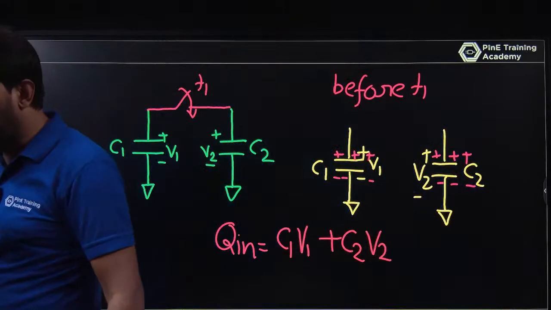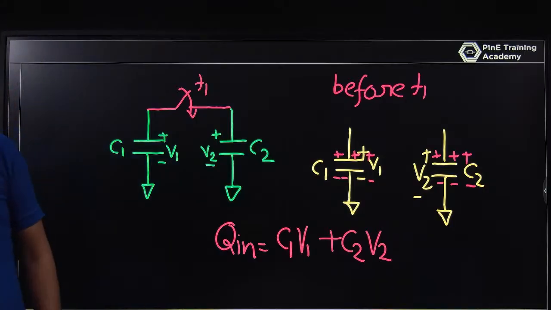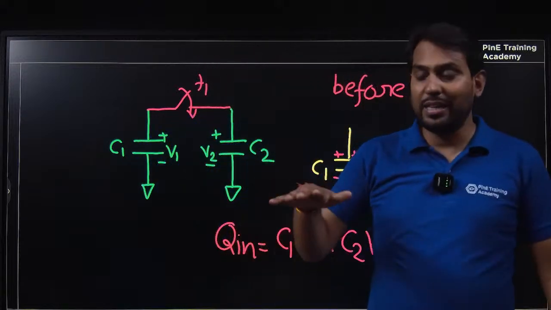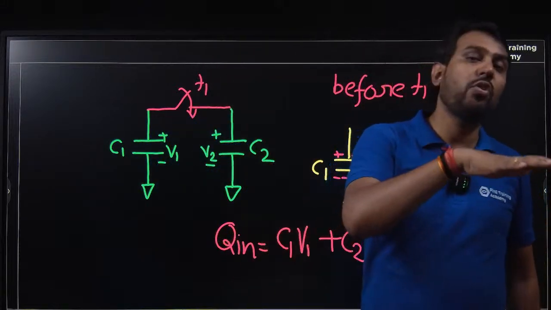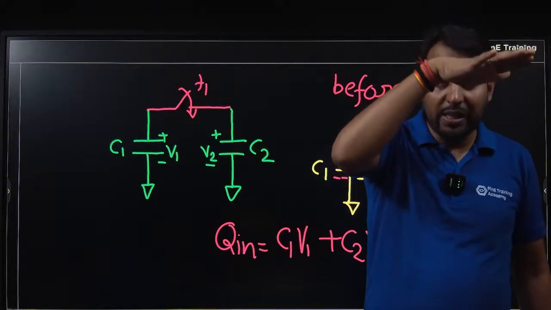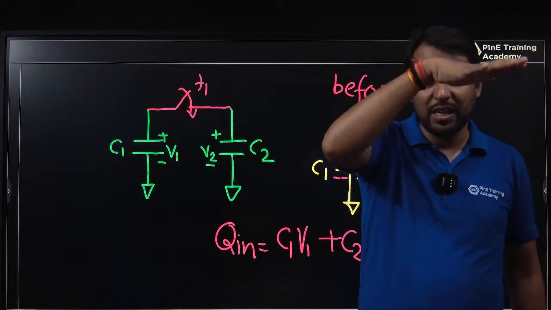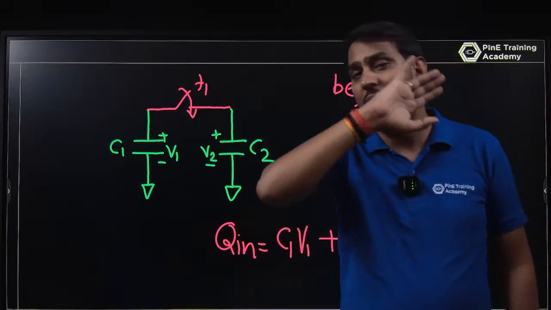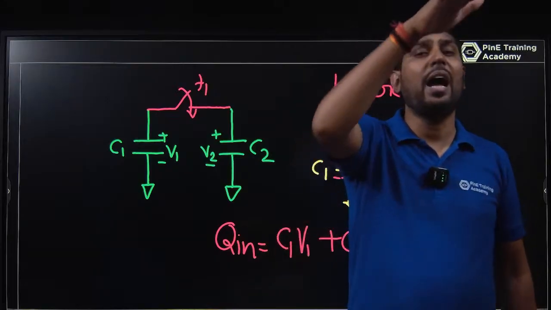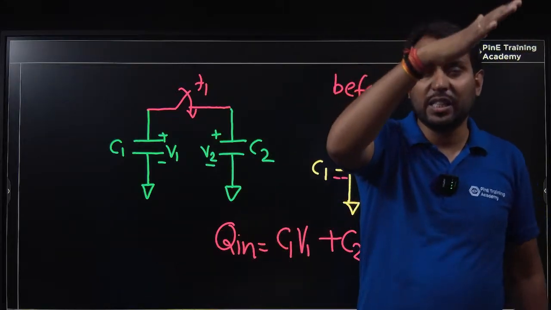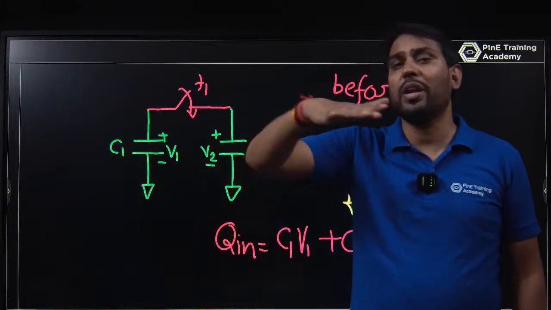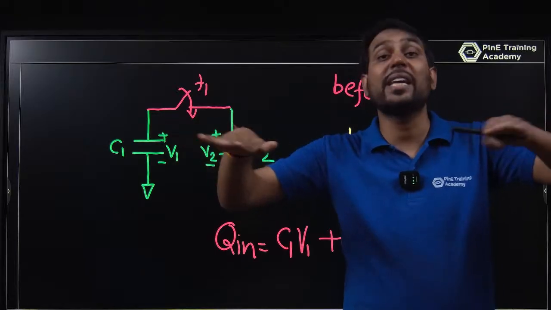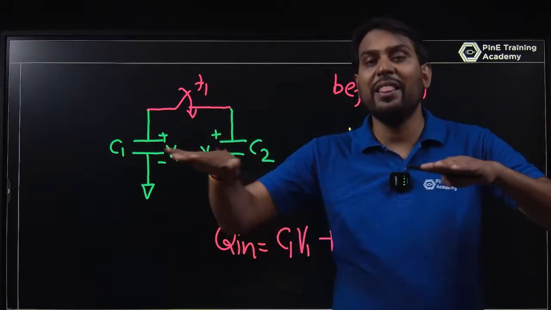After T1, if you connect one pipe in between, whenever there is a higher level and a lower level, the flow of charge goes from the higher level to the lower level. So current always flows from higher potential to lower potential, from higher charge to lower charge, to make the level remain the same.